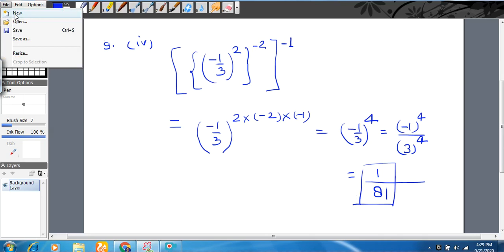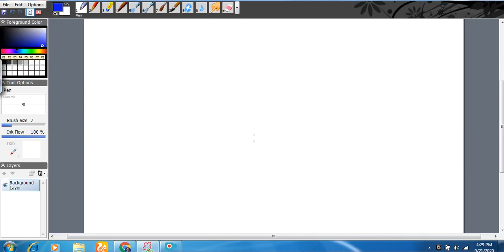Next question is 10th and it's very easy, the easiest question of this exercise. 10th question, first part, find the reciprocal. Okay, as you know what a reciprocal is. So the number is 6 power 0 into 9 power 0.